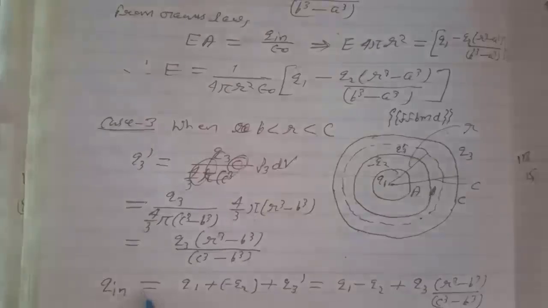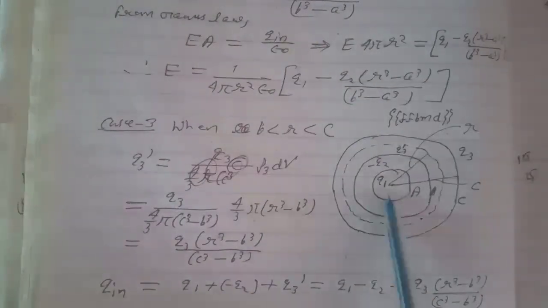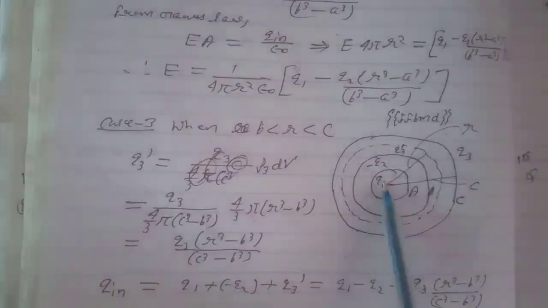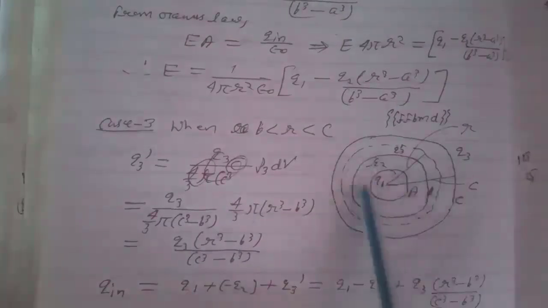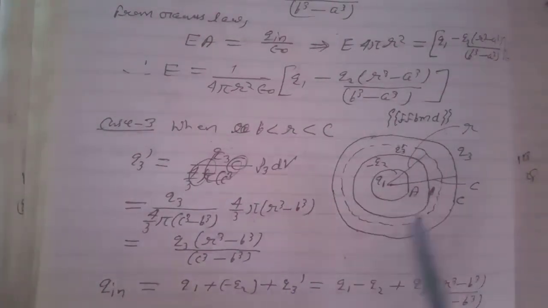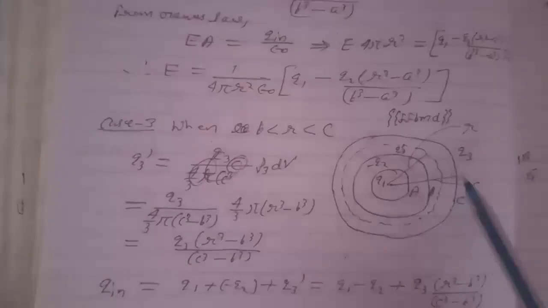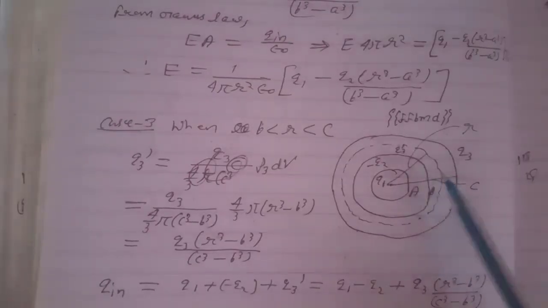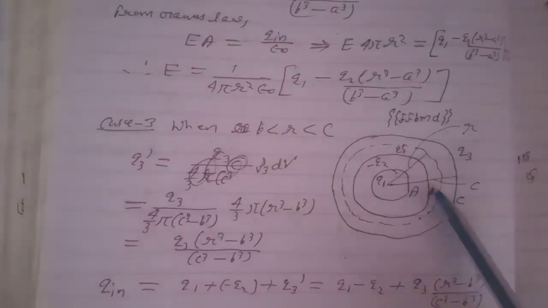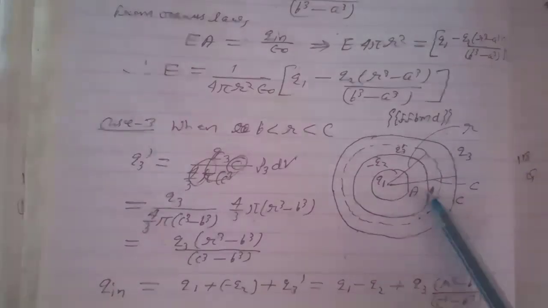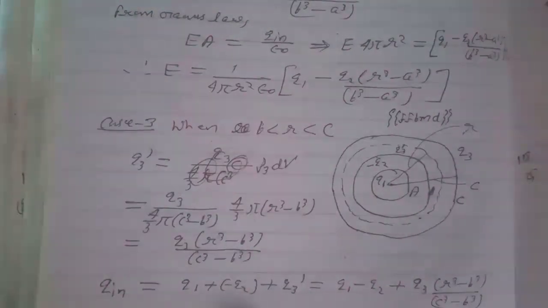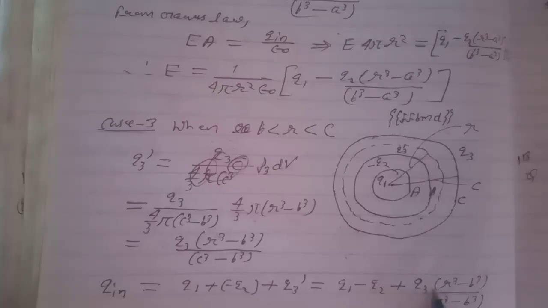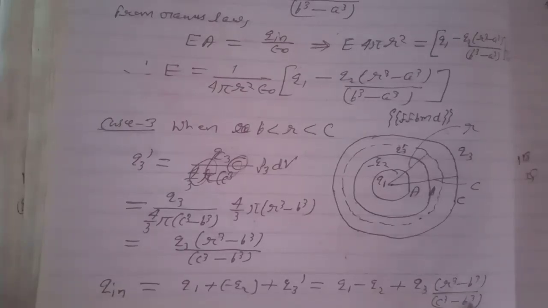So q enclosed will be q1, the charge in this sphere, plus minus q2, the charge in this sphere, plus q3 dash, the charge in this shell. So q1 minus q2 plus q3 into (r cube minus b cube) by (c cube minus b cube).